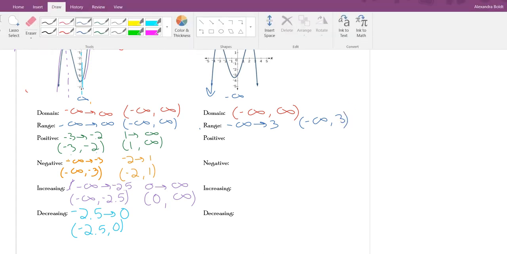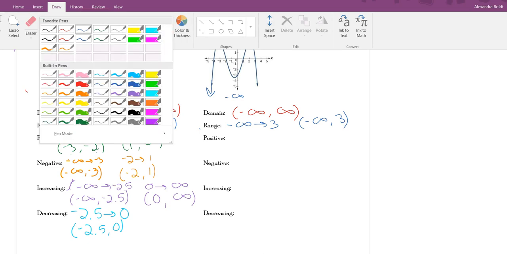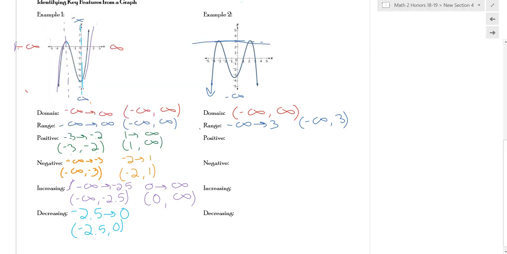Where is it positive and negative? Again, we're going to draw lines through our x-intercepts. I'm just going to do all of them first. Okay, and we have negative infinity over here and infinity over here.